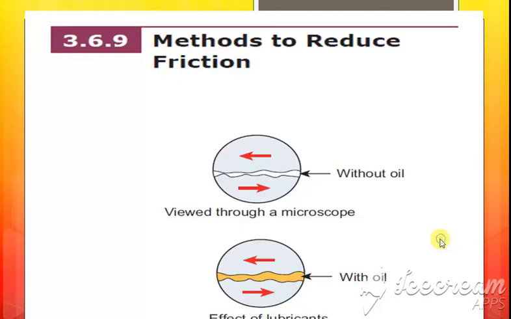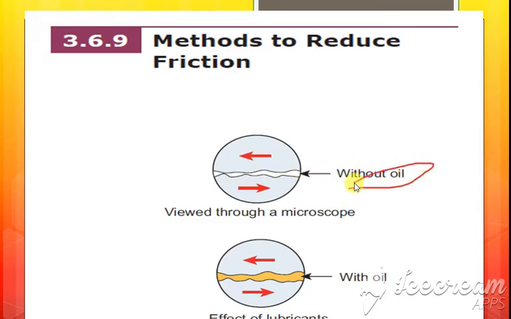Next we have the methods to reduce friction. The first one: this is the surface. These two surfaces are in contact, but without oil.